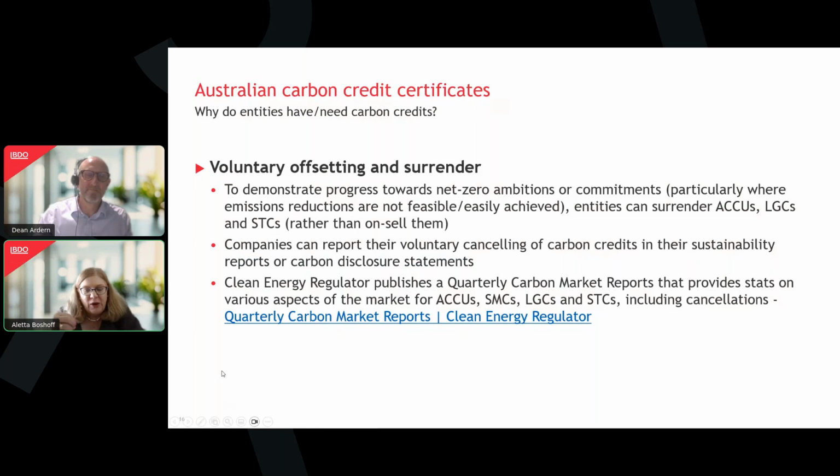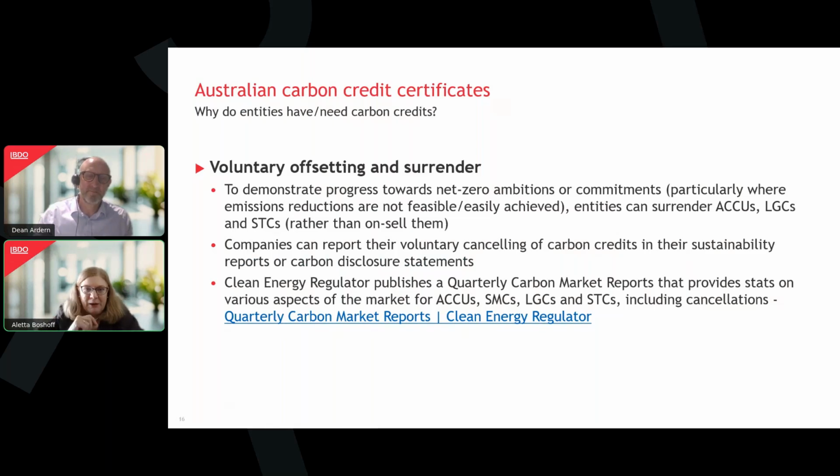You have to do it at the bottom of your carbon footprint, because you have to calculate and disclose your gross emissions. Then you can put at the bottom these carbon credits that you've generated, and then you get to a net position.